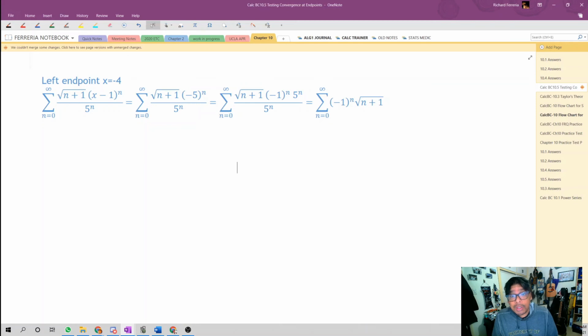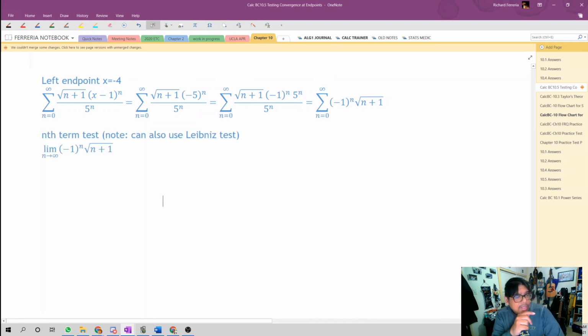So if you wanted to use the Leibniz test, go ahead. I'm looking at this a little differently, and I'm saying, hey, square root of n plus 1 doesn't go to 0. So whether or not it is an alternating series doesn't even matter, because the general term does not go to 0. So I'm going to use the nth term test.